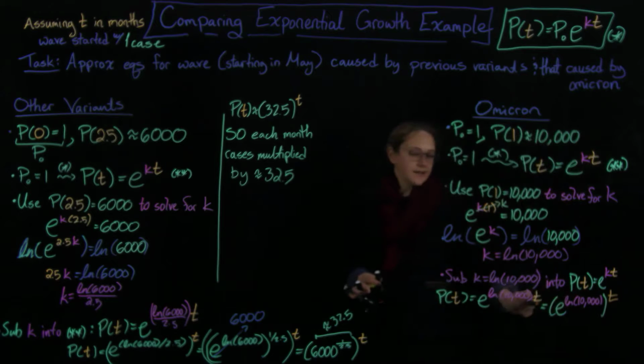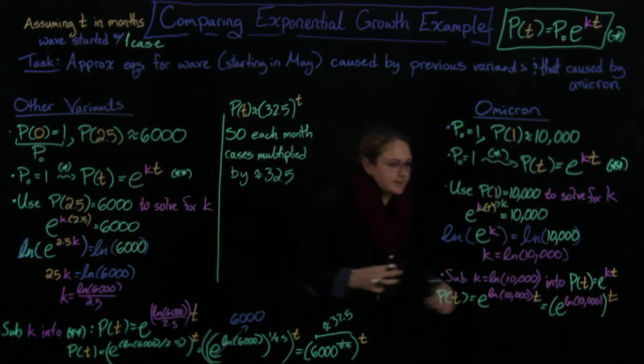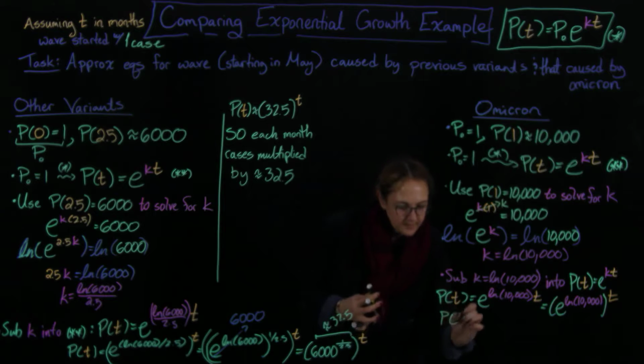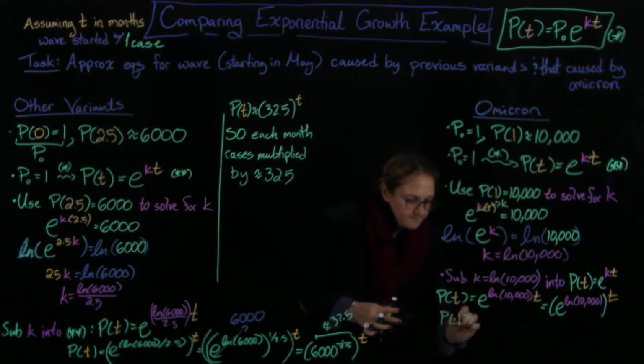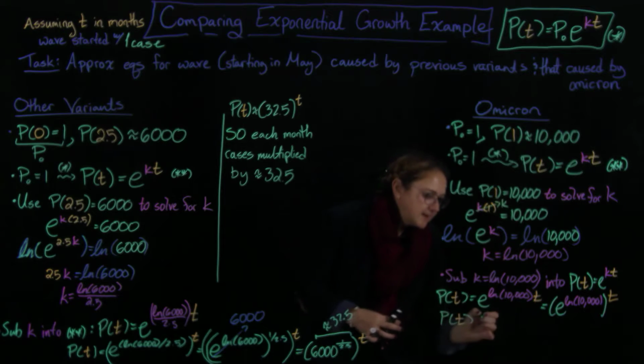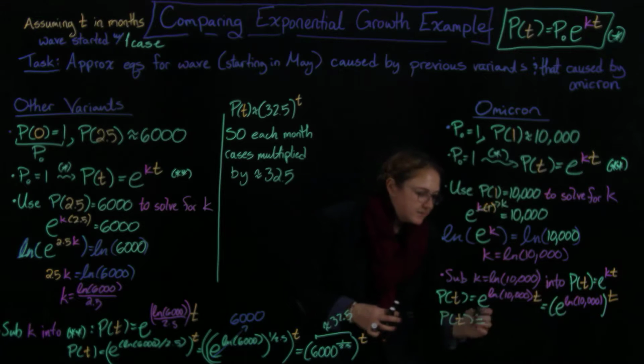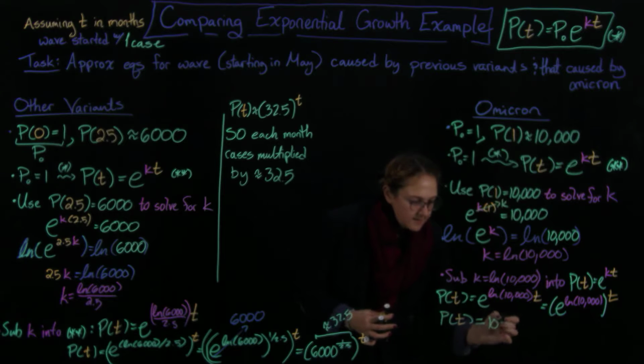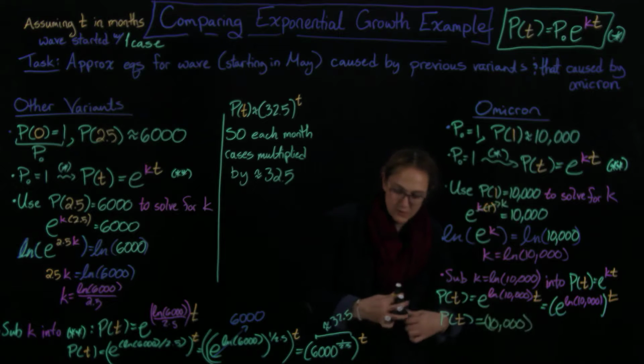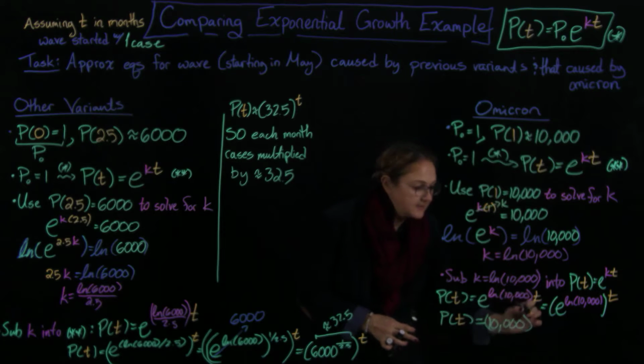These are, again, inverse functions. So this is going to give me that P of t is going to equal, right, these are inverse functions, so I just pick out what's on the inside, which is 10,000. So I'm just getting, this is enormous, 10,000 to the t, right?